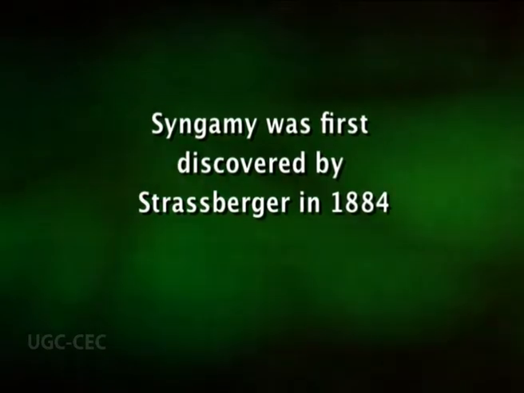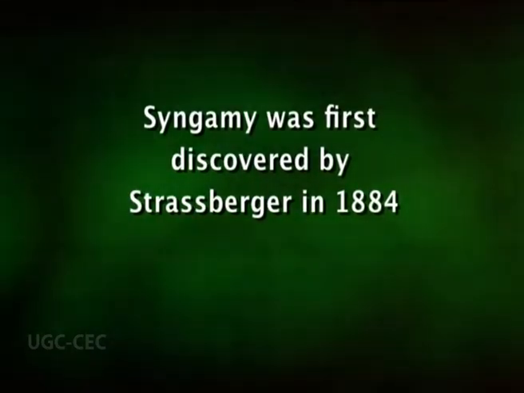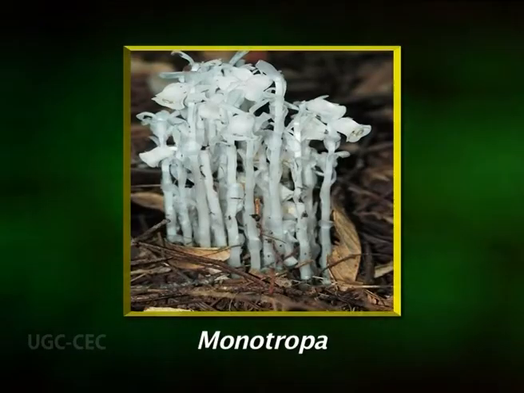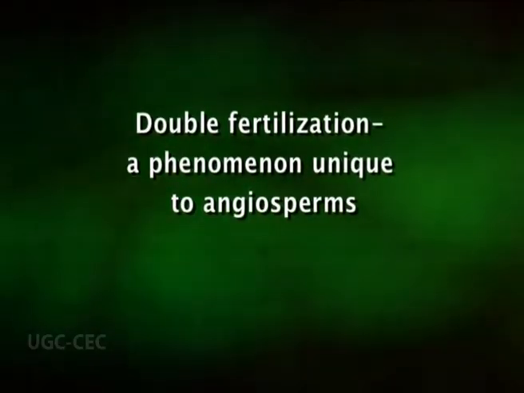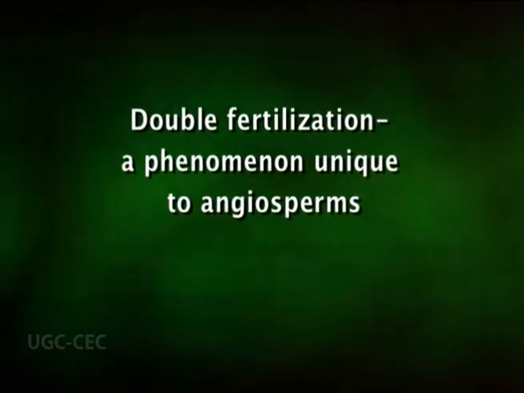Syngamy was first discovered by Strasburger in 1884 in Monotropa. While syngamy leads to the formation of the embryo, triple fusion results in the formation of the nutritive tissue endosperm. Syngamy and triple fusion constitute what is commonly known as double fertilization, a phenomenon unique to angiosperms.